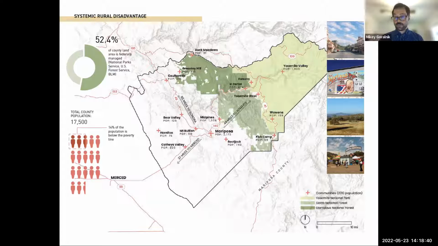We're one of the three gateway communities to Yosemite, and a ton of our economic productivity relies on visitors, tourists who pass through our community on the way to another place.